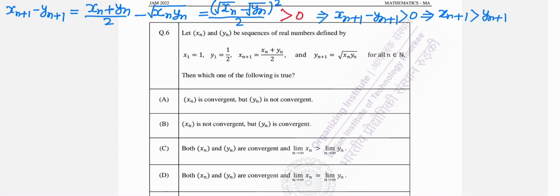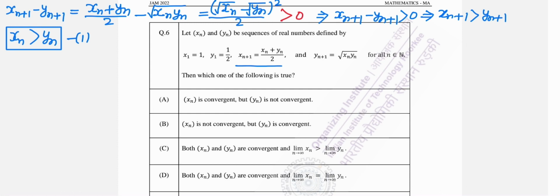Now if you replace n by n minus 1 in this relation, then you get x n greater than y n, and this is our relation number 1. I will be using this relation later in this solution.